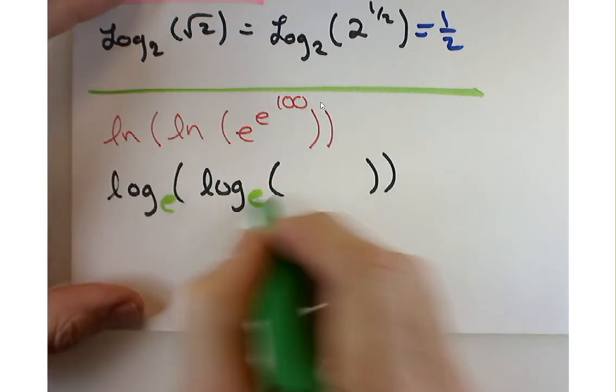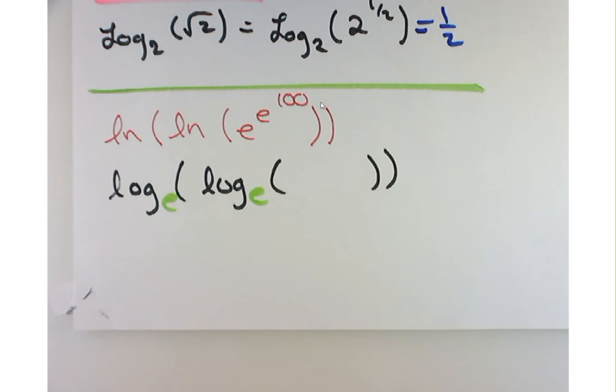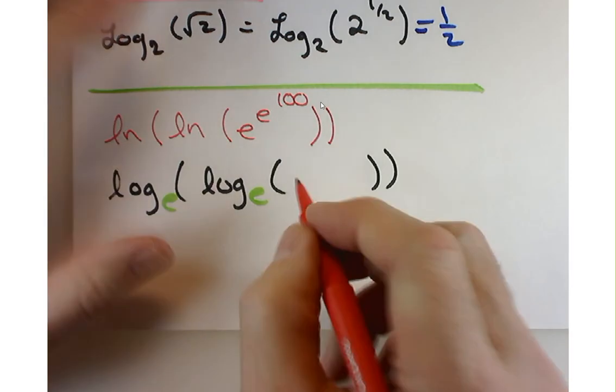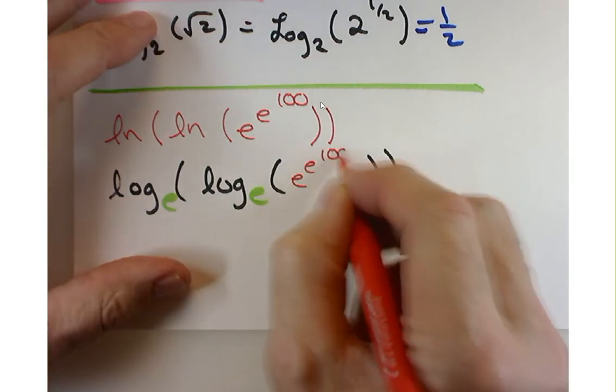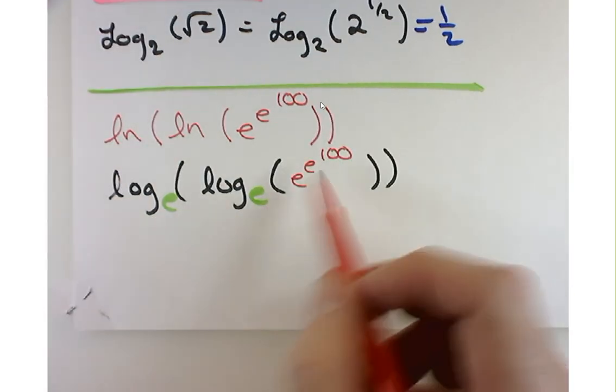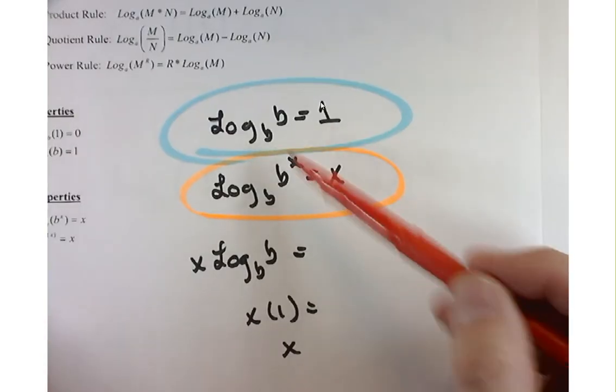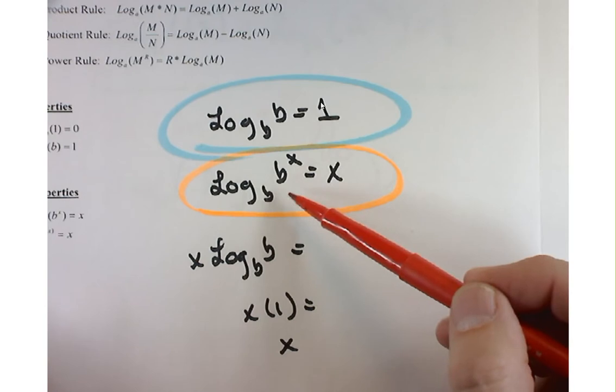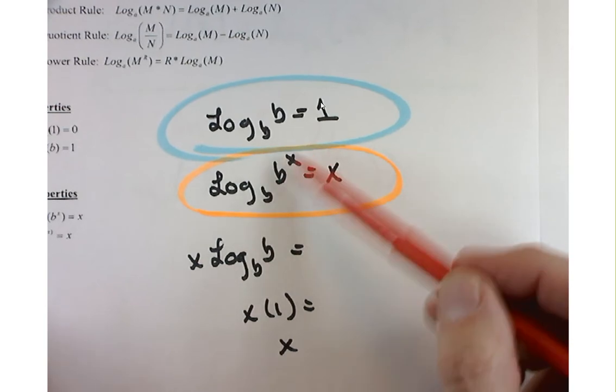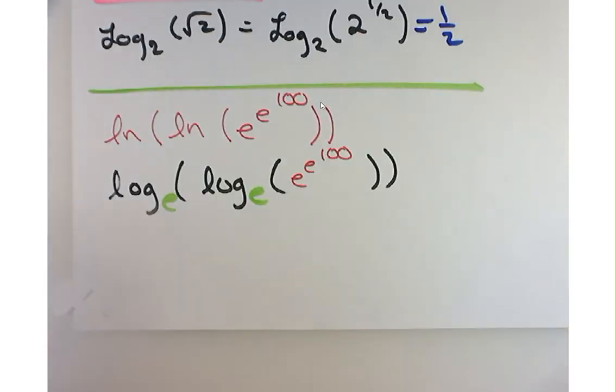Now, you will probably never encounter a textbook or any place else outside of this classroom where somebody writes it as log base e. But that's what it is, and it's helpful to remember that because we get some nice cancellation here. That's going back to our nice little rule over here. Log base b of b to some power, that's just going to be the power.